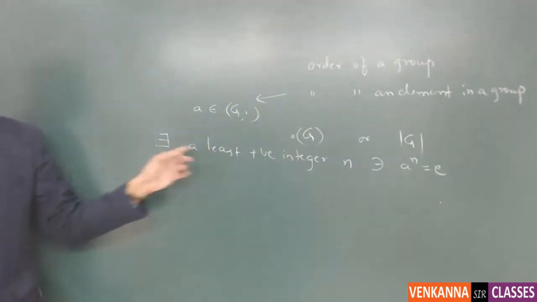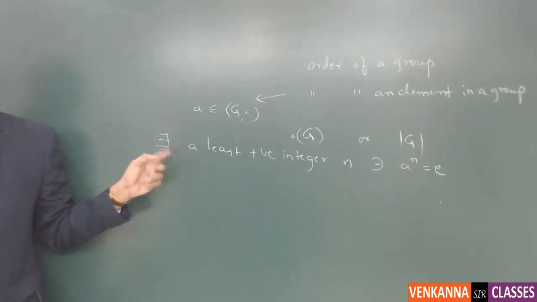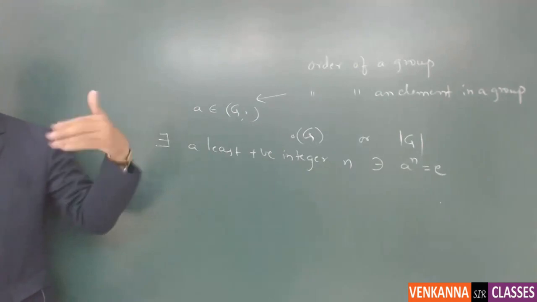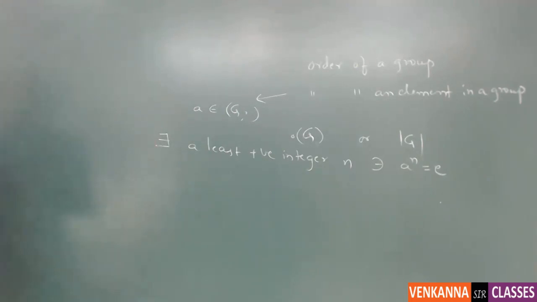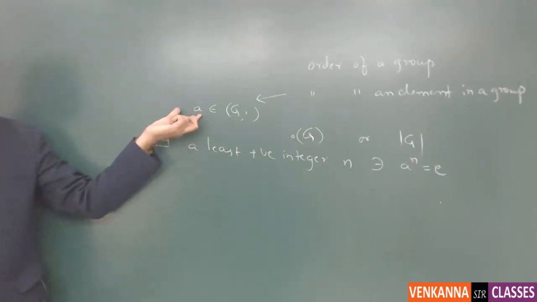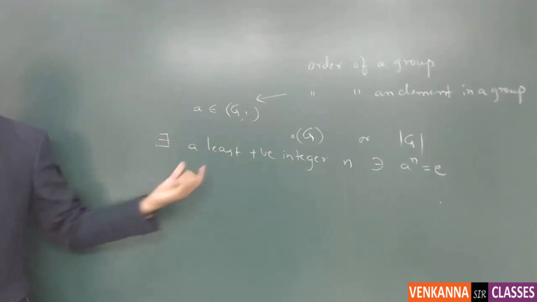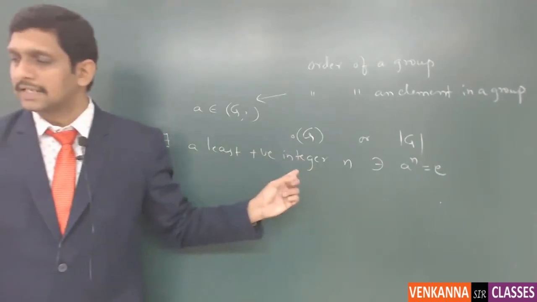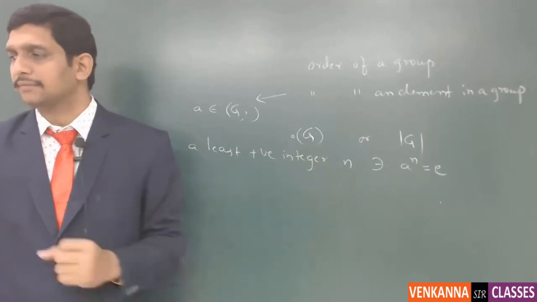This is the most important definition. Majority of the questions, problems and theorems are also based on this concept while going to the higher classes in our class sessions. So order of an element is nothing but the least positive integer n such that a power n is equal to e.